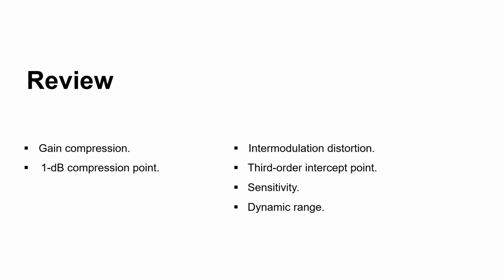The minimum level of our signal is generally defined by the noise floor or minimum discernible signal, that is the ideal noise floor for our receivers, and the maximum power is dictated either by the 1 dB compression point of any device, either an amplifier or a mixer inside our receiver, or by intermodulation distortion points.